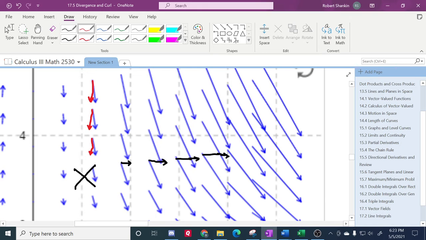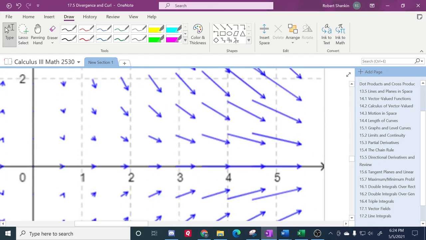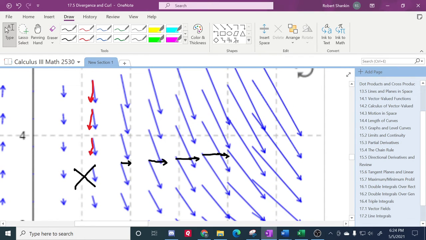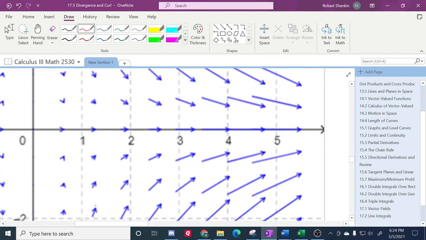So as I move that way, now this is condensing, and it's maybe easier to see if I went in the other direction. They're getting shorter, and we're condensing.